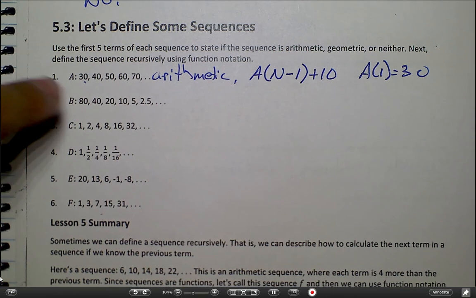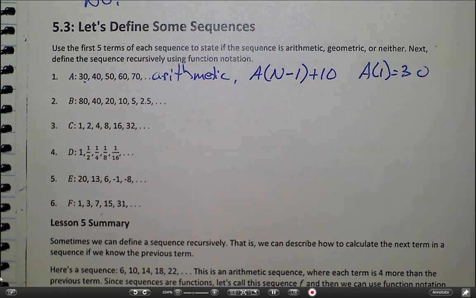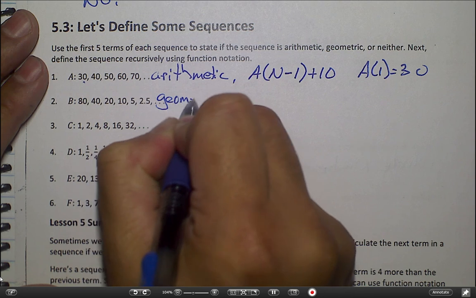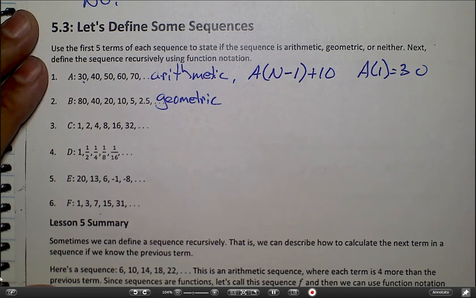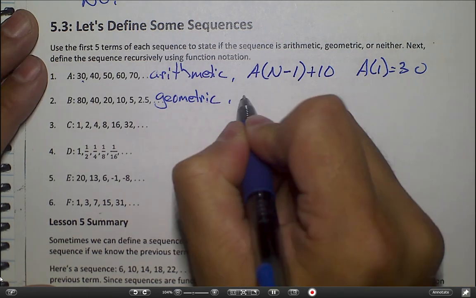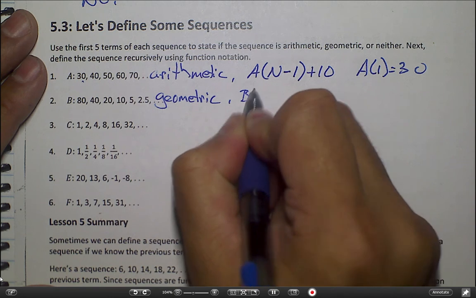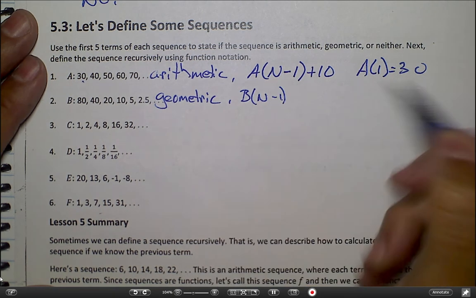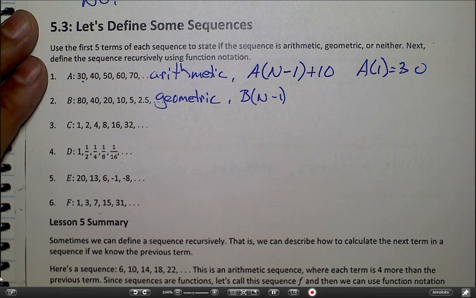So let's take a look at this next one now. So on 2, you say geometric. Why do you say geometric? Dividing by 2? Okay, that's good. All right, geometric. So I'm going to write my function as b of n minus 1 because I'm taking the previous term, right?